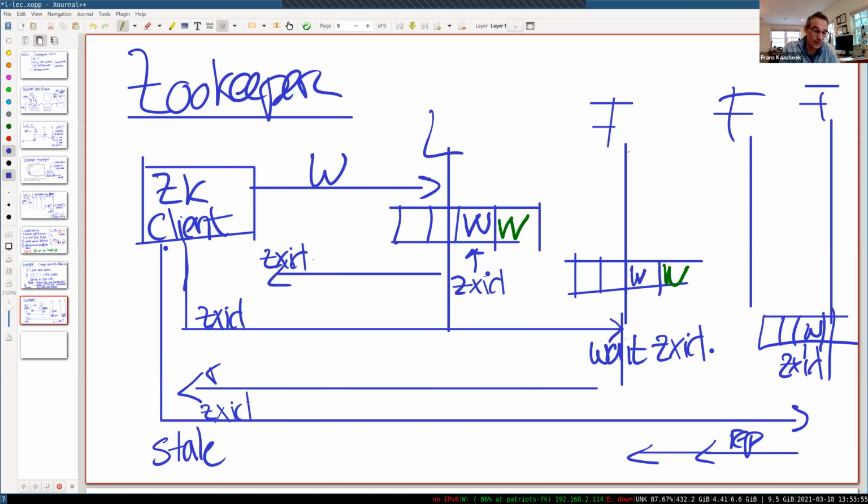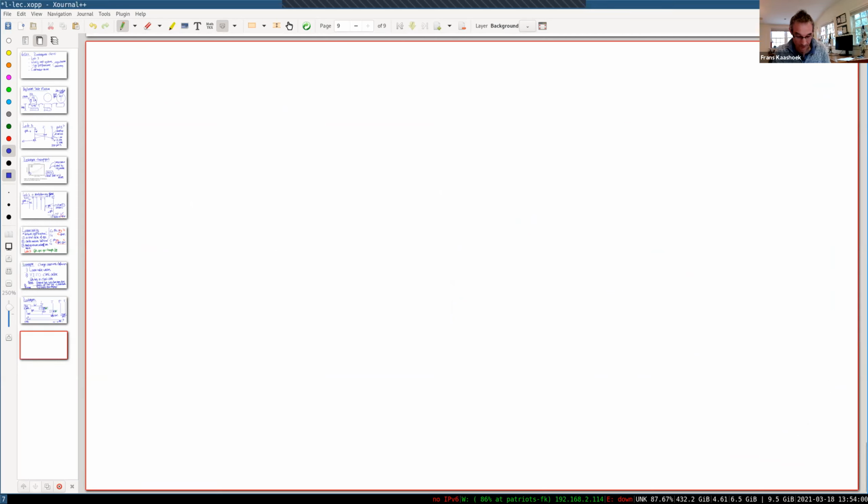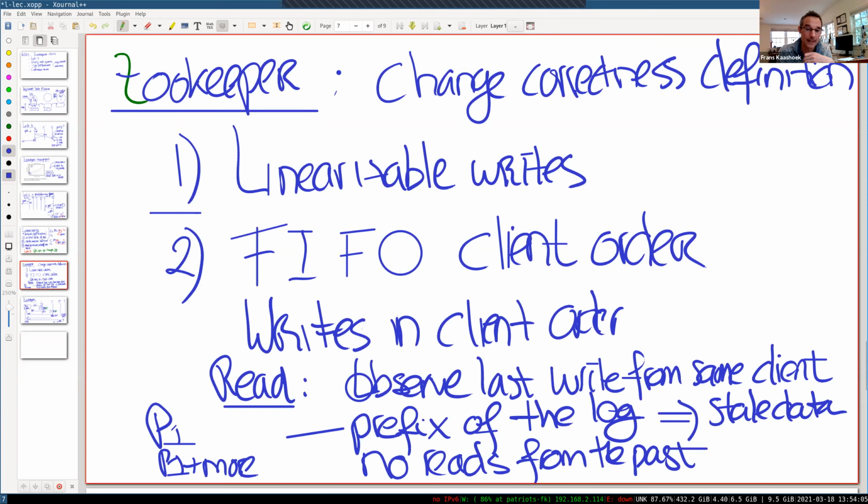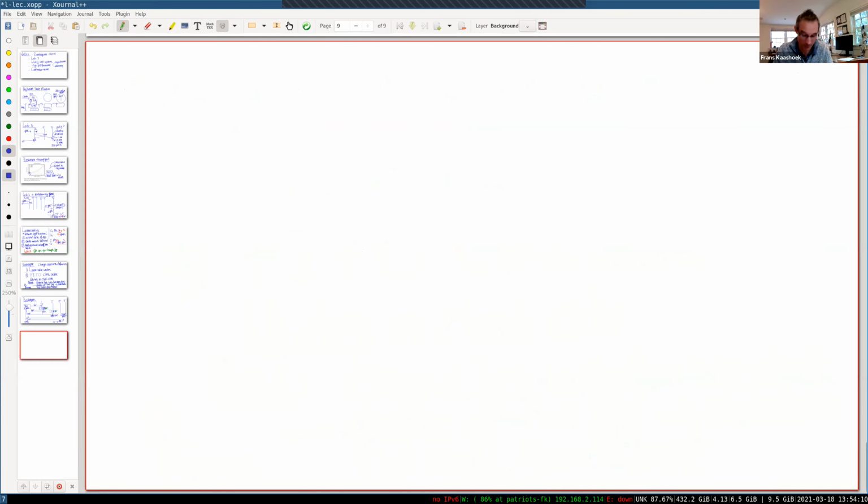And so, how do you program with this thing? It turns out that these rules, this correctness definition that ZooKeeper has, are good enough to help with programming. And so I want to talk a little bit about that.